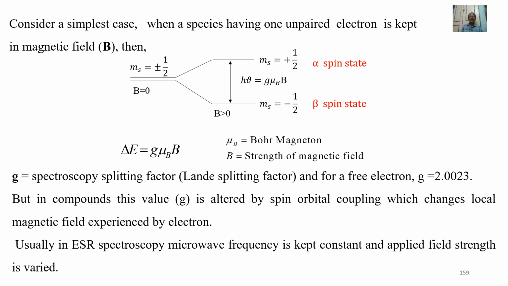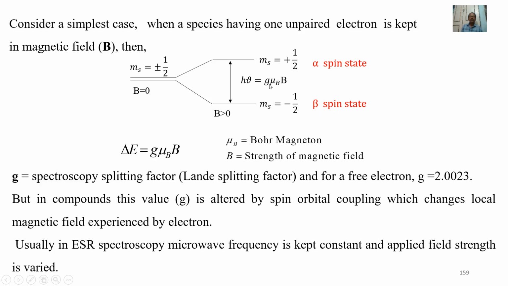The differential energy ΔE is nothing but hν, the microwave radiation coming in. So hν = g μB B. Usually the higher energy is considered the alpha spin state and the lower energy the beta spin state.